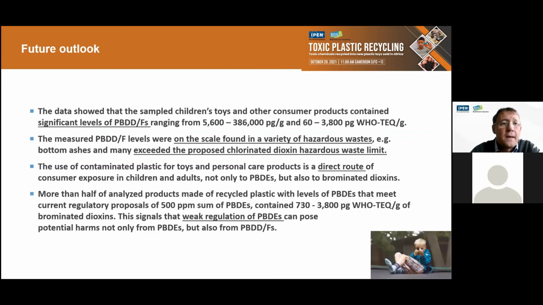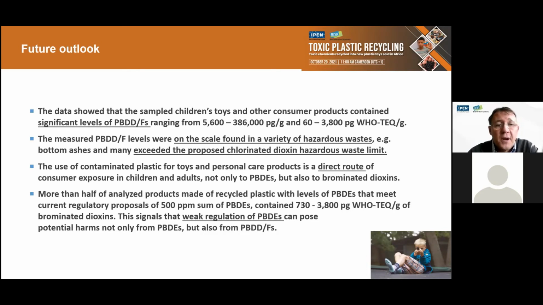Now, please let me give a future outlook. As we showed today, there are significant levels of these polybrominated dioxins in those children's toys, ranging from 5,600 to 386,000 picogram per gram, or 60 to 3,800 picogram WHO-TEQ per gram.